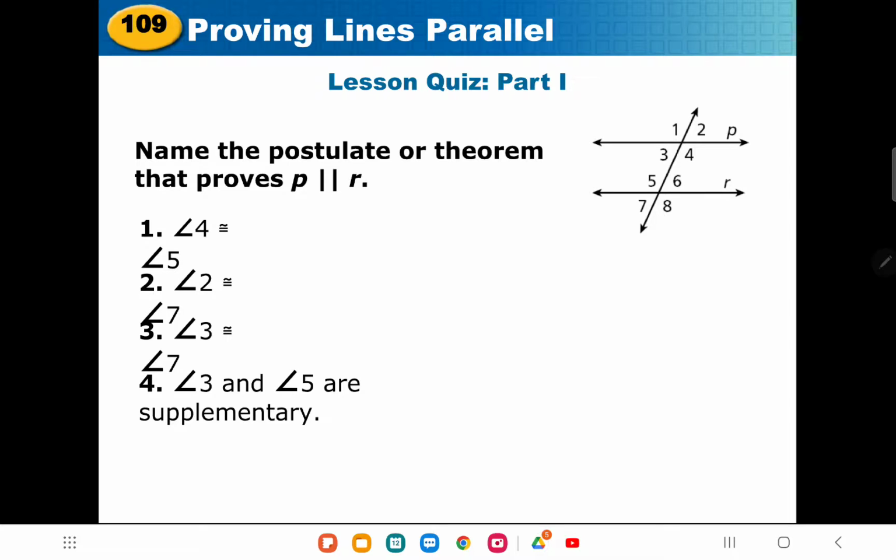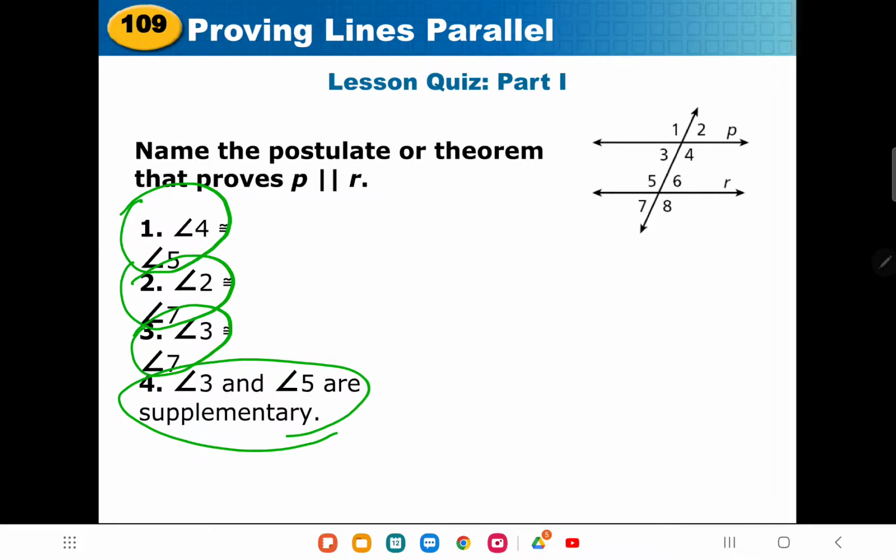Please be sure that you can do the problems in this lesson quiz to check your understanding. This is really all about being able to identify the special angle pairs. So if 4 is congruent to 5, what special angle pair is that? 2 is congruent to 7. 3 is congruent to 7. And if 3 and 5 are supplementary.